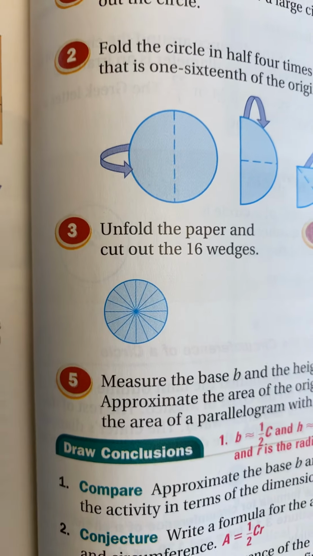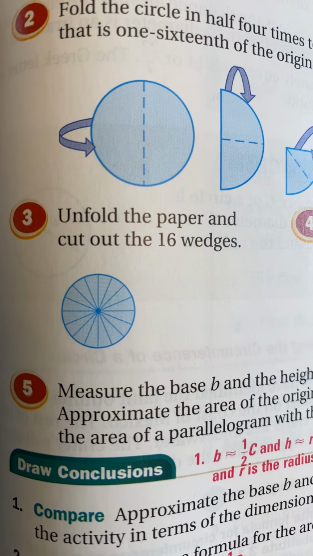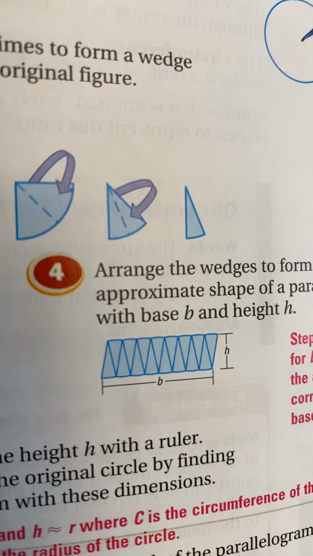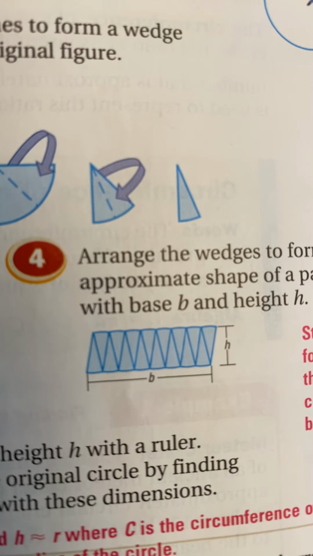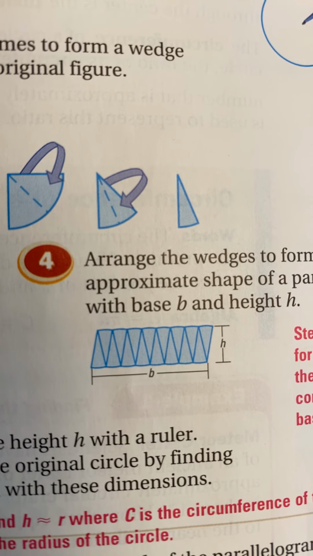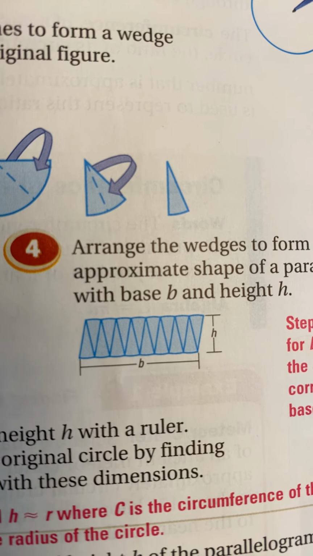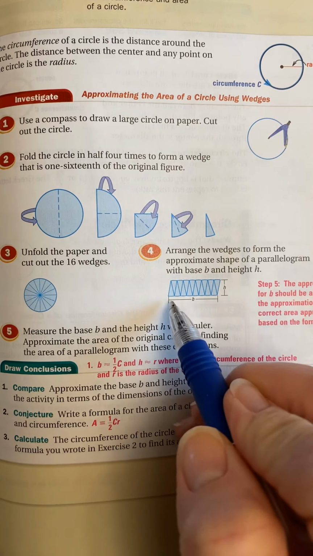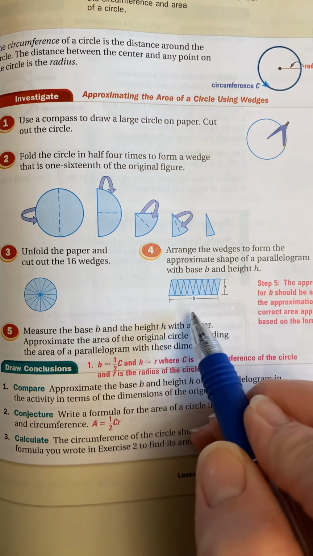They've shown how they've taken a circle, they've cut it into a whole bunch of wedges. They use 16. You can use as many wedges as you want. You place those wedges every which way, and it makes the shape of a parallelogram. Do you see the parallelogram there? With a base of b and a height of h. Well, what is that base? These parts of our wedges are the circumference.